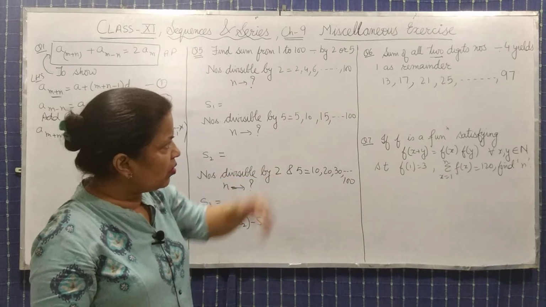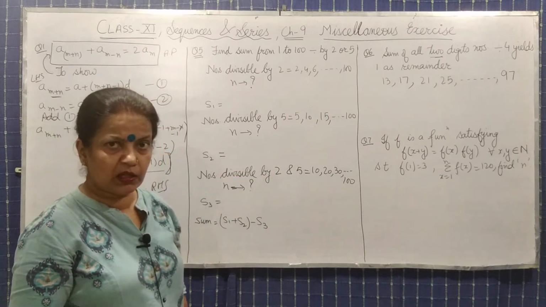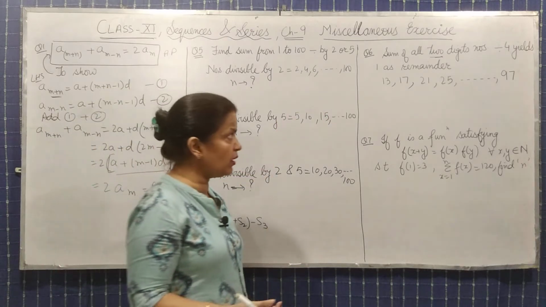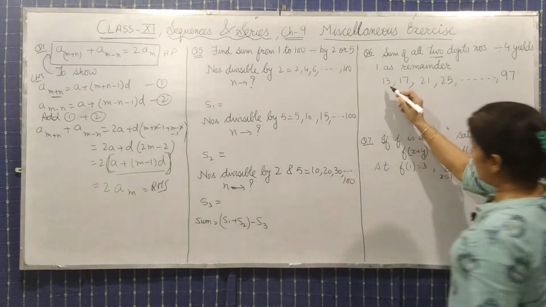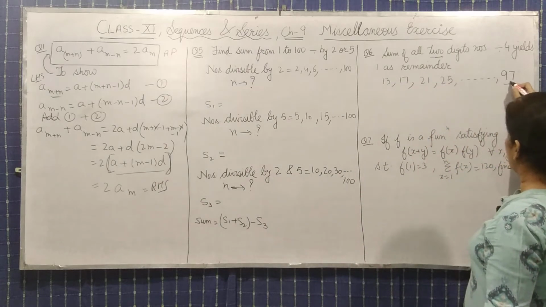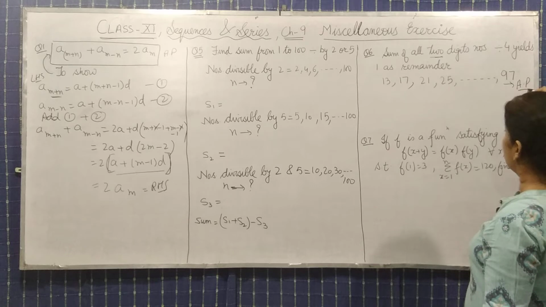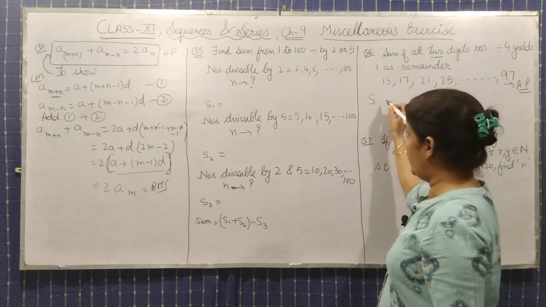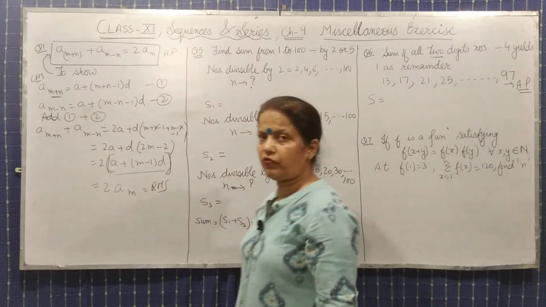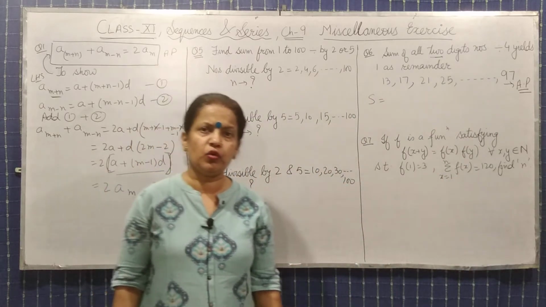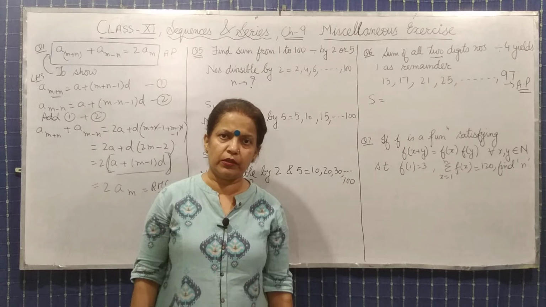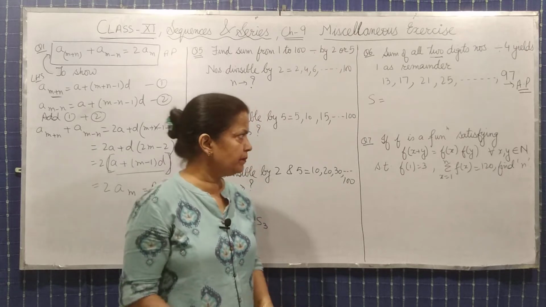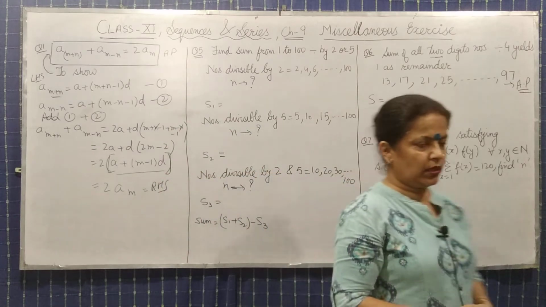So can you find out which type of series it is? Which type of sequence it is? It's a gap of 4. So this is an AP series. Now you will find out its sum. Sum you will find out by using the formula n by 2 into 2a plus n minus 1 into d. Is it clear?